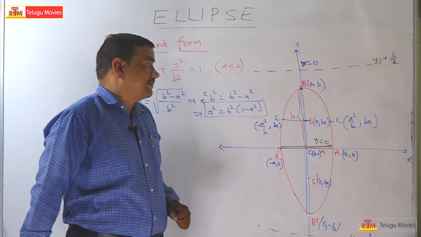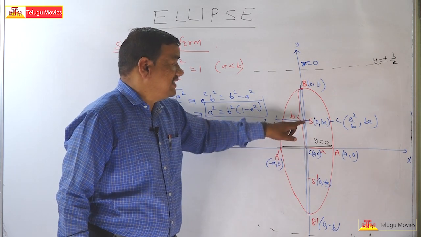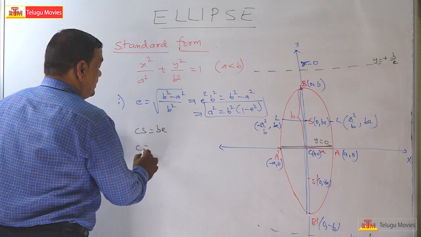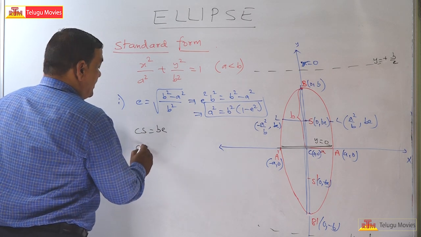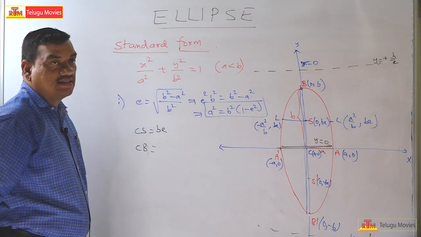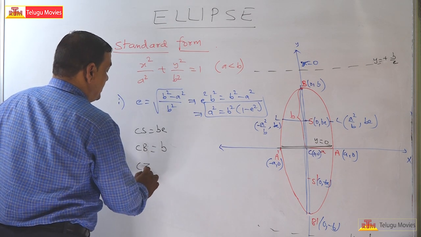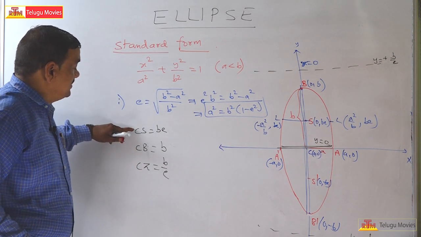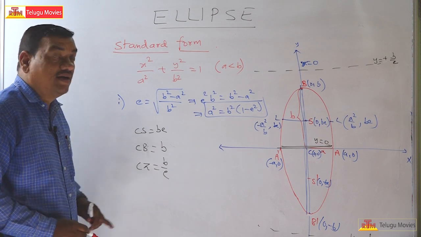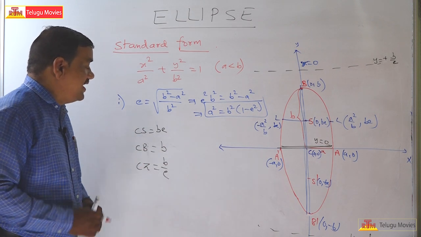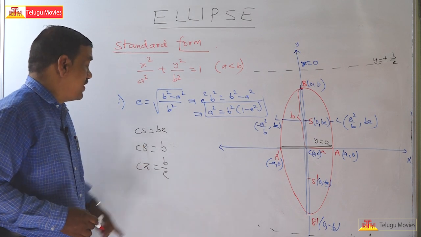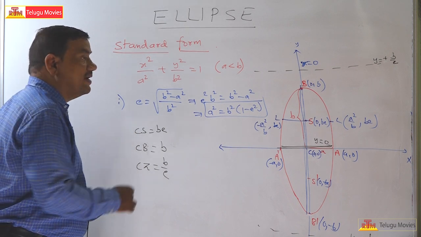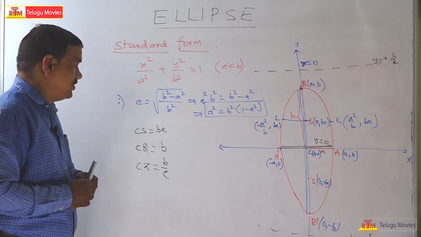Coming to the distances: the distance between C and S is be, between C and the vertex B is b, and between C and Z is b by e. So here you can observe that b square equals be into b by e. The e's cancel, so CS, CB, CZ, these three lengths are in geometric progression. That is one of the important points.